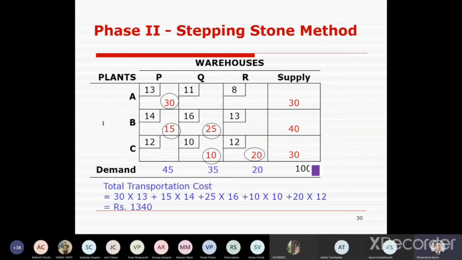That is, all 100 units shifted in 5 allocations. We calculated the transportation cost and got a total of 1340. Now we want to check whether this is the final solution or whether it is possible to reduce this cost by the stepping stone or UV method.